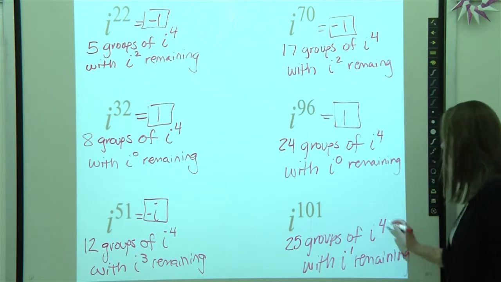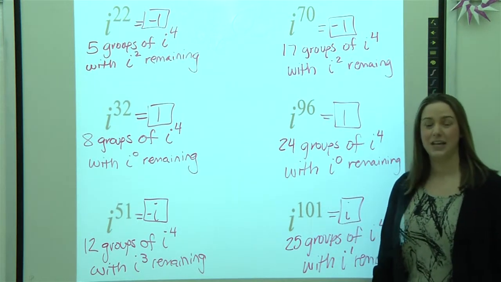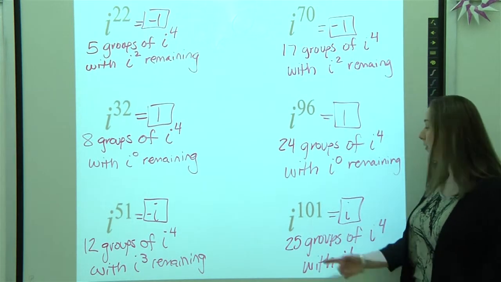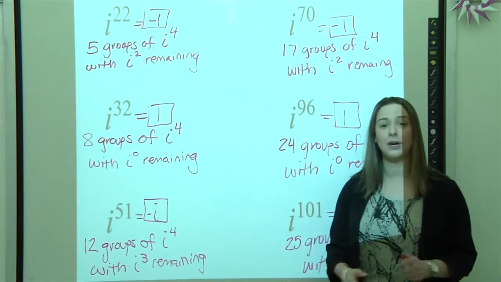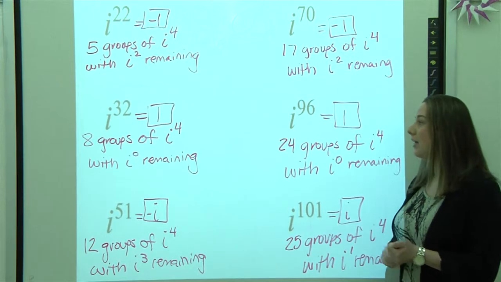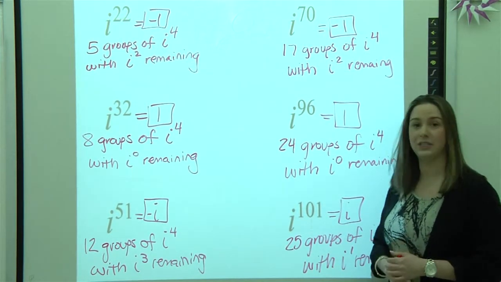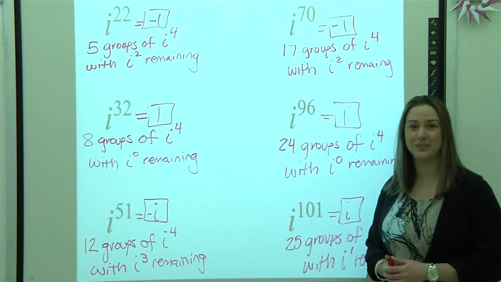So our answer is going to be i. We can extend this to higher powers. We can look at i to the 800th power and so on, just thinking about how this pattern repeats. So we'll think about this more tomorrow, and we're going to use these facts for additional problems.